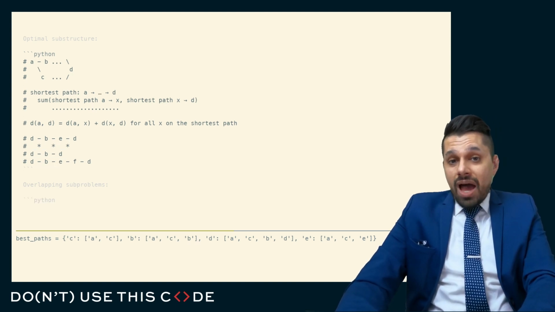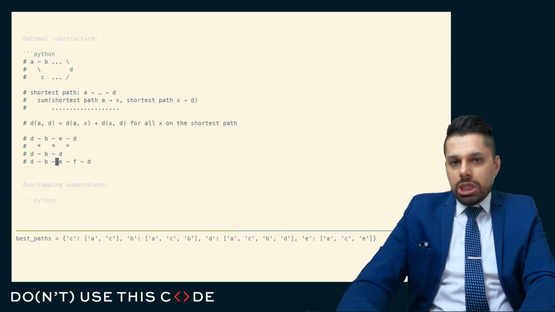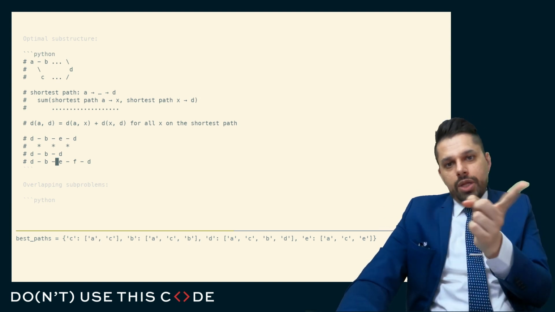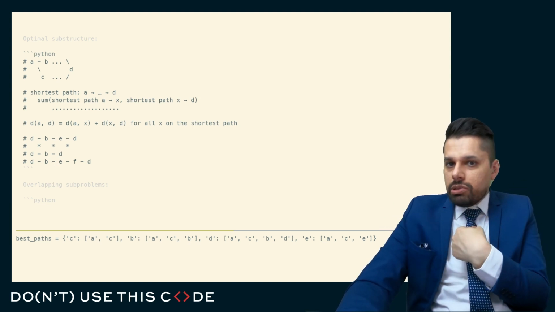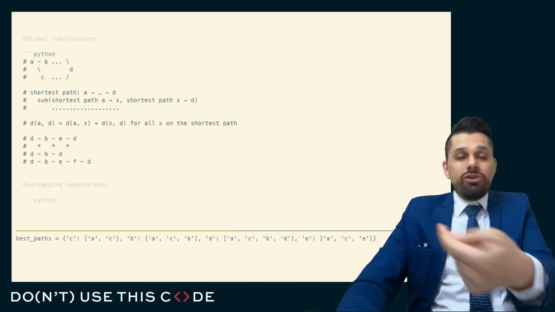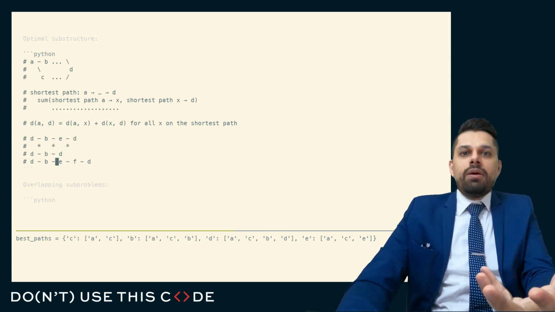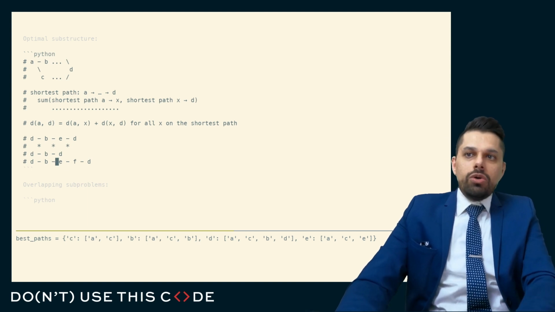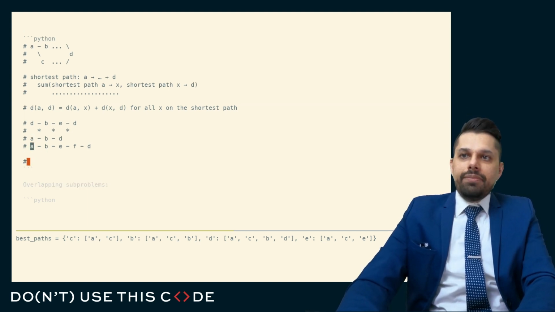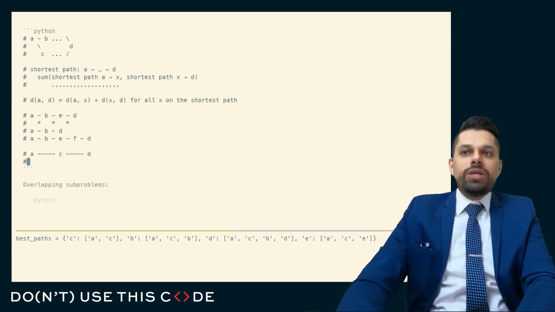Well, this is not a greedy problem because at the point when we're deciding which fork to go down the road, we don't know whether there's going to be a later fork down the road, especially one with a negative path or negative weight, which might then make it better to go down that path. We don't know if there happens to be some shortcut from A to the end that we haven't discovered yet, and that if we go down some path, we might preclude ourselves from going down that shortcut.